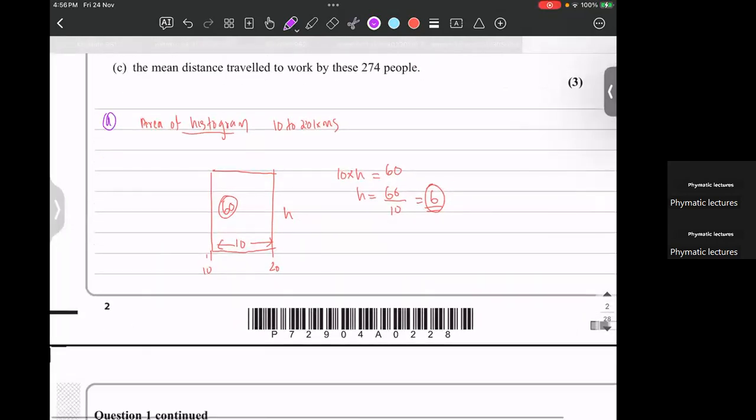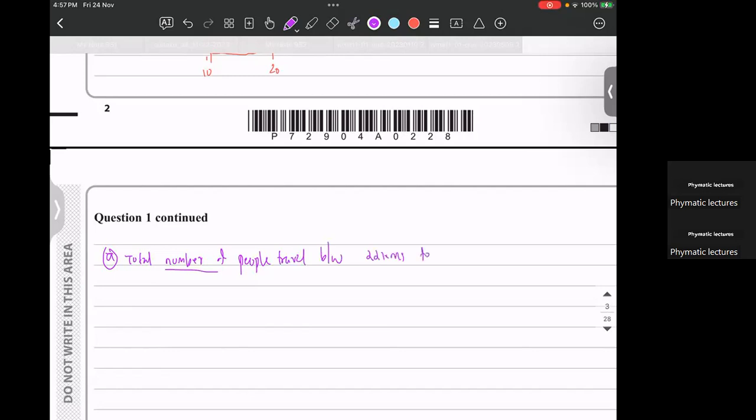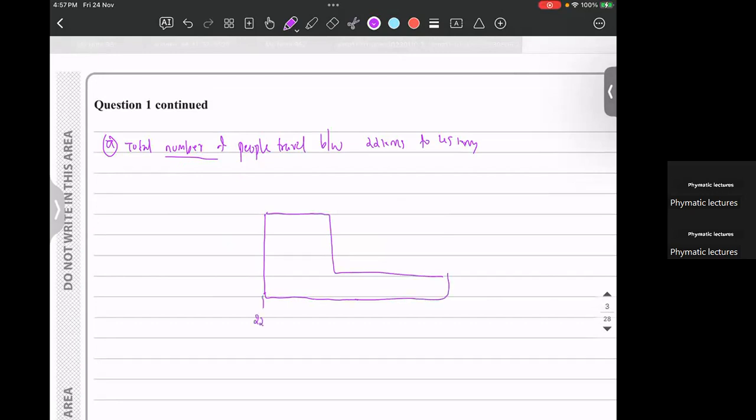So the answer for this question is the total number of people who travel between 22 kilometers to 45 kilometers. This is the case. So this is 22, and this is 30, and this is 45.